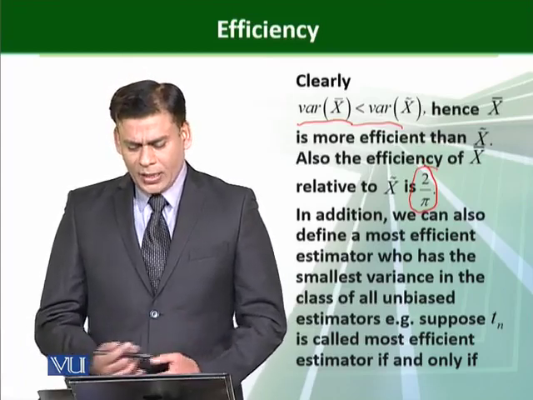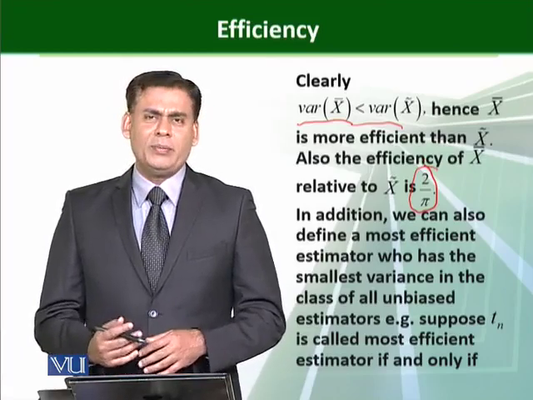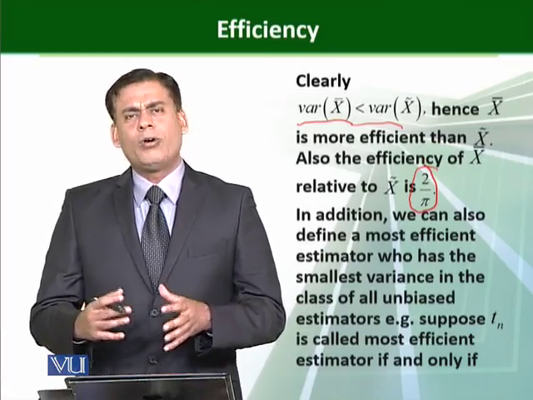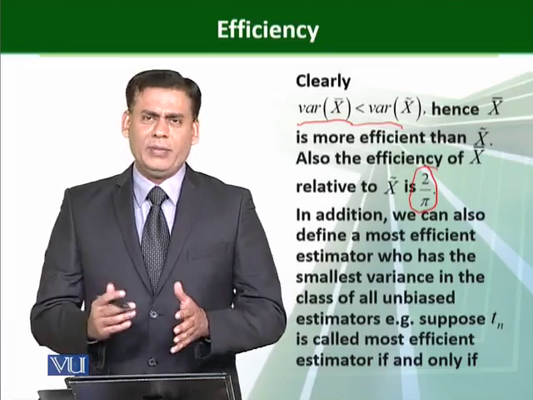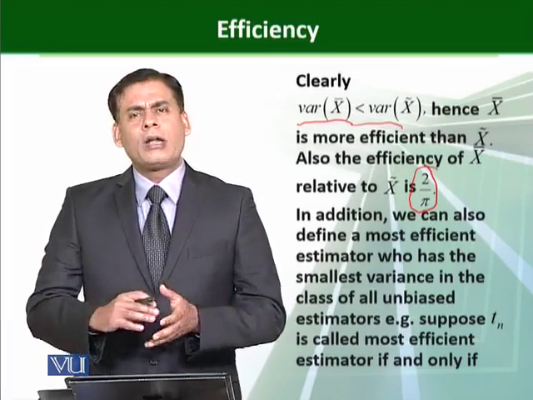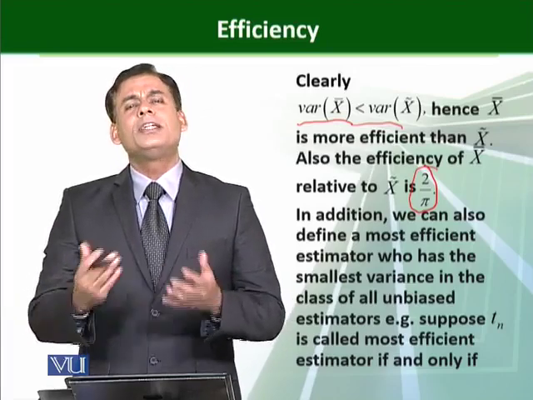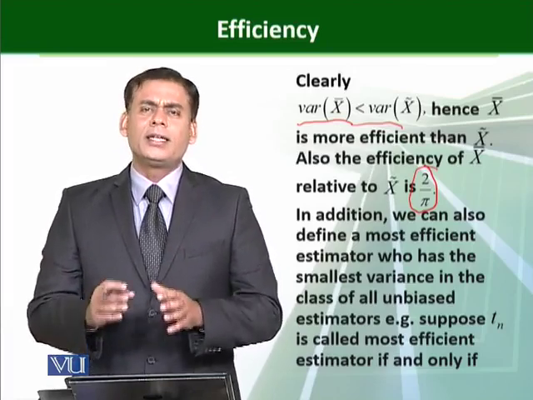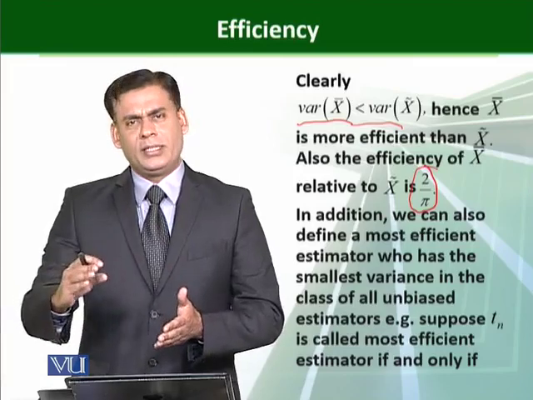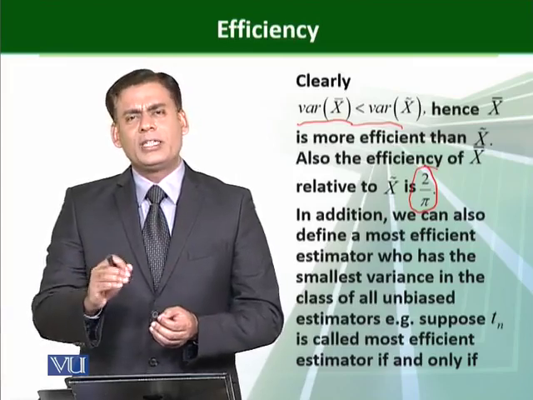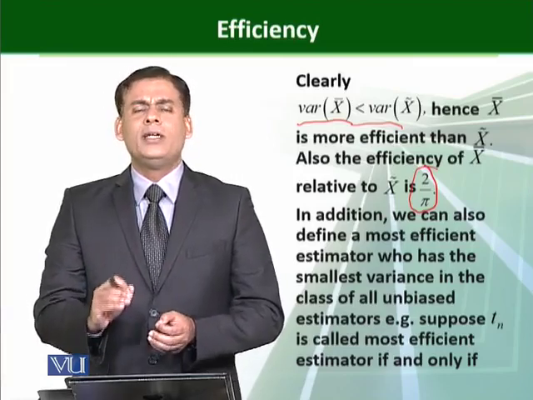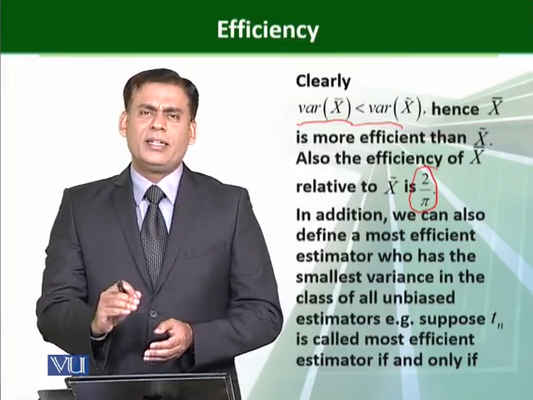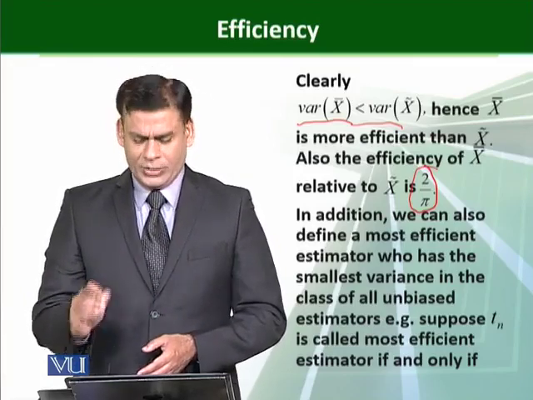In addition, we can also define the most efficient estimator among the class of all unbiased estimators. ये भी possible हो सकता है कि हम एक class of estimator से most efficient estimator भी find out कर सकते हैं. वो कैसे find out कर सकते हैं कि अगर हमारे पास unbiased estimators की एक class है और उसमें से कोई एक ऐसा estimator है जिसका variance सबसे कम है, तो we can say that ये जो estimator है, it is the more efficient estimator.